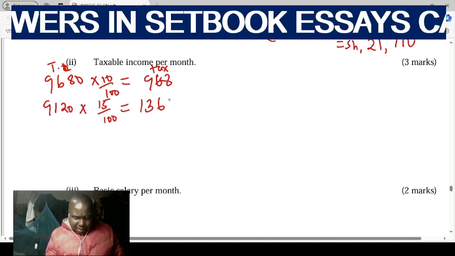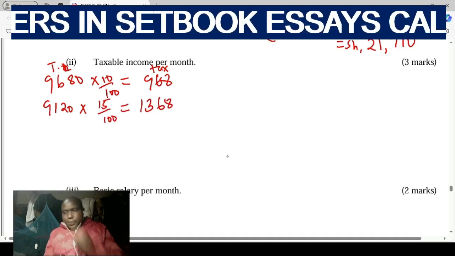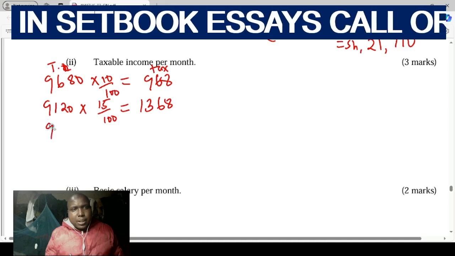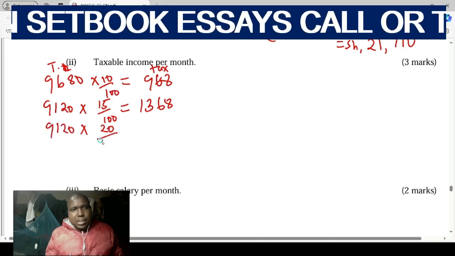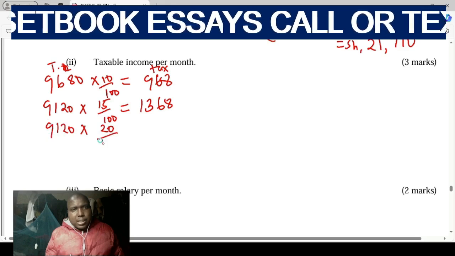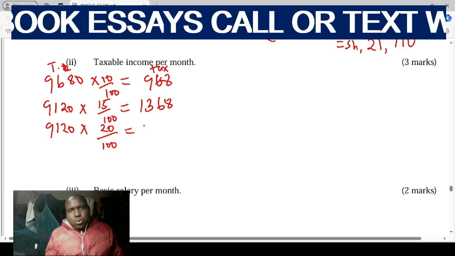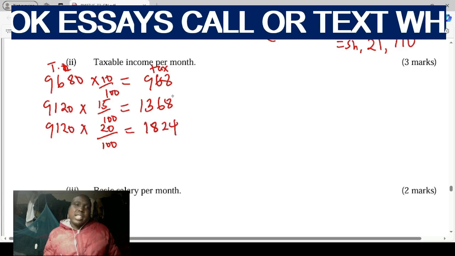This is 1,368. Next slab is 9,120 times 20 over 100, which is equal to 1,824. Sasa ni nini tunafanya?